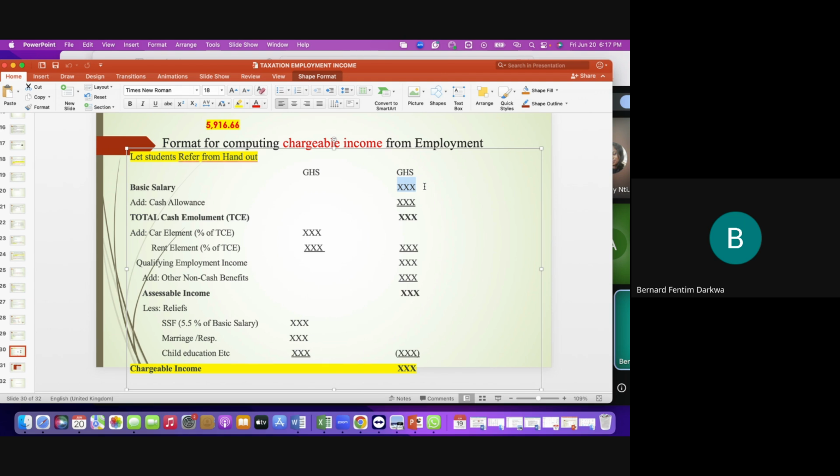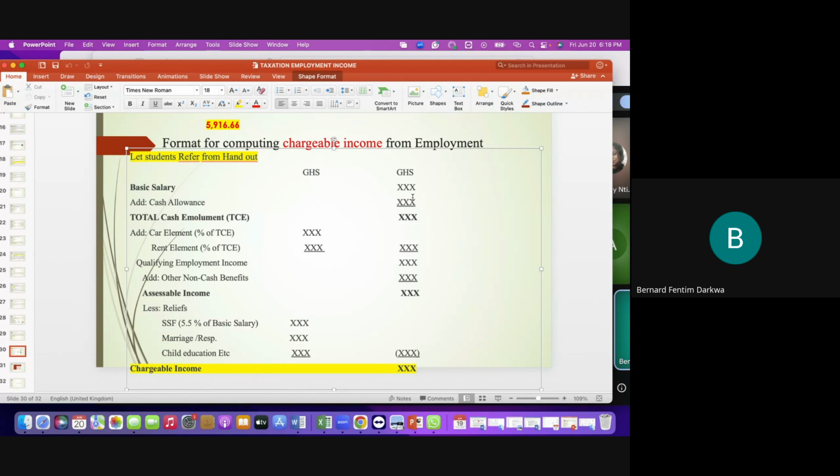Then, as soon as you get your basic salary, you add all cash allowances in the question to the basic salary. The cash allowances are where you will see things like duty post allowance, meals allowance, entertainment allowance, all allowances.